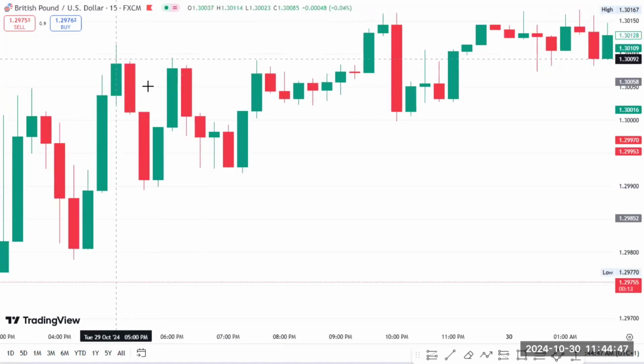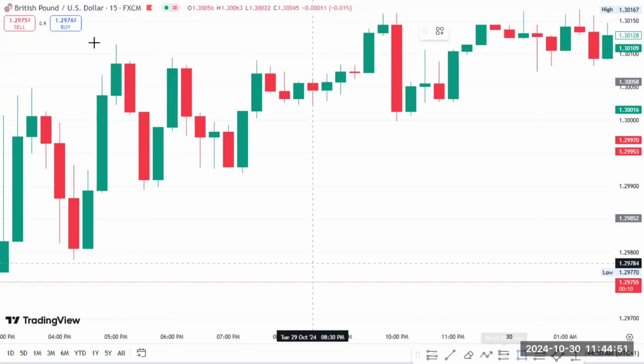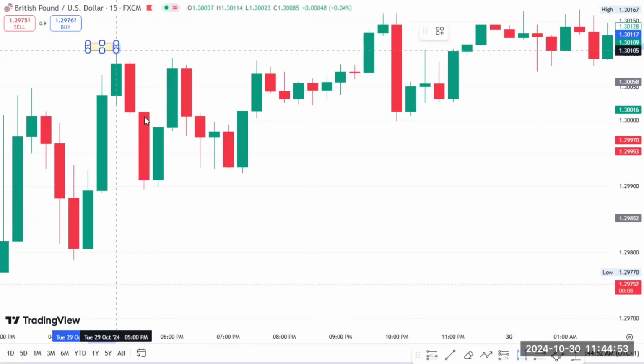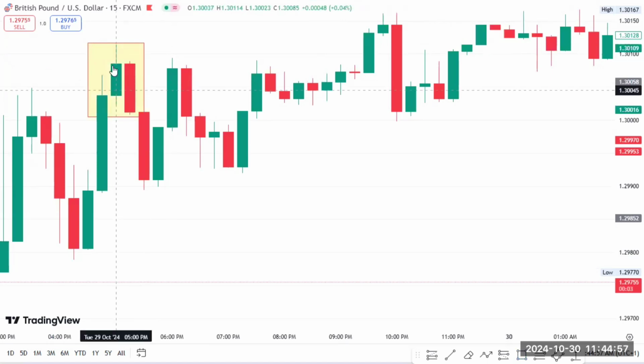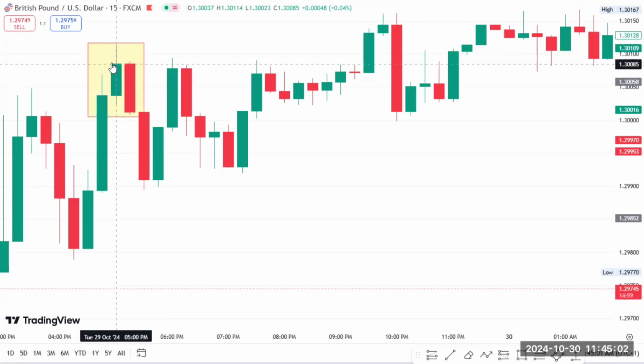So here, this is another example. Let me just draw a box around here. This is another example. Okay, so this green that you are seeing is the previous candle. It opened lower here and closed above.